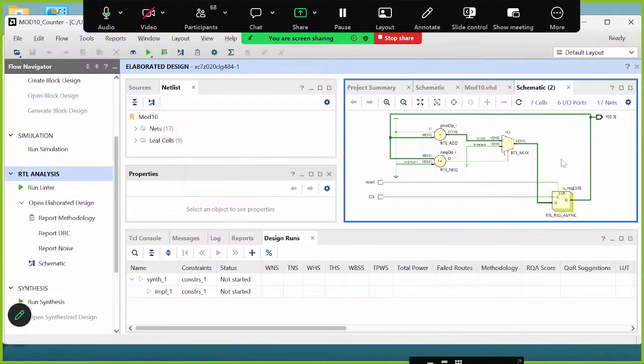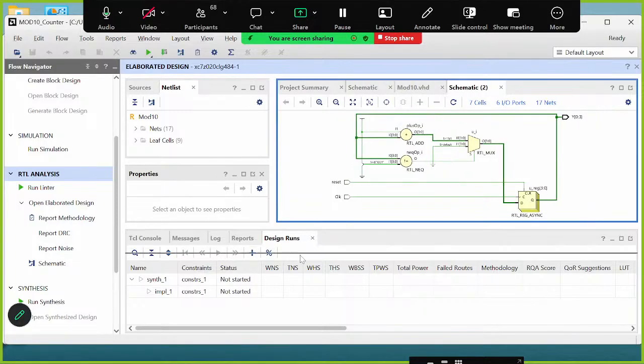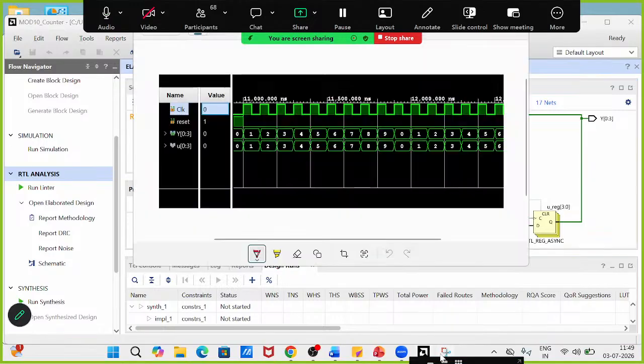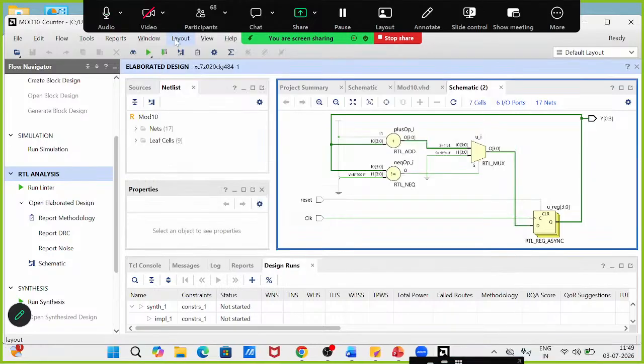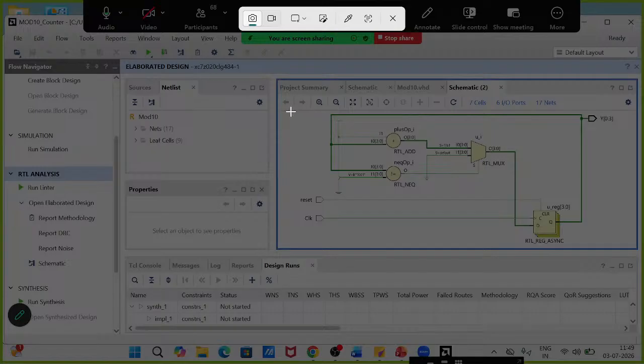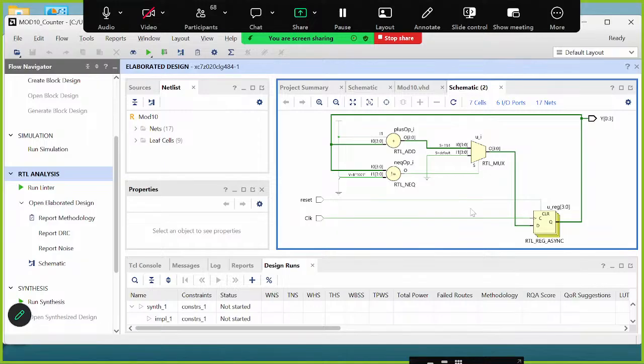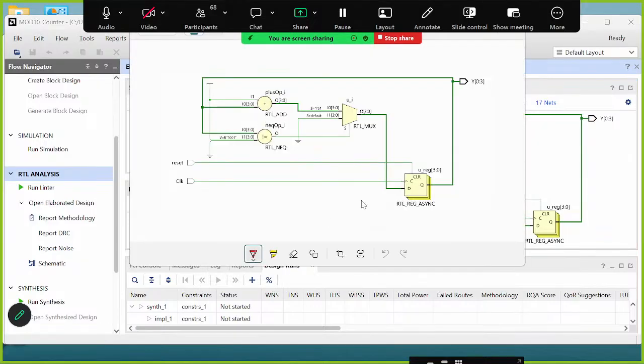When you are doing behavioral style modeling coding, you get these types of internal architectures. It will use internal resources, whatever it has, in order to design this type of code. If you want, you can keep this also for your reference.